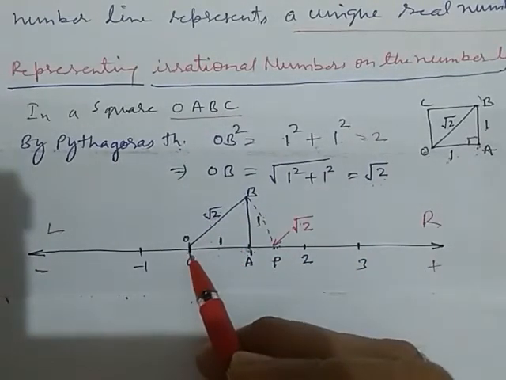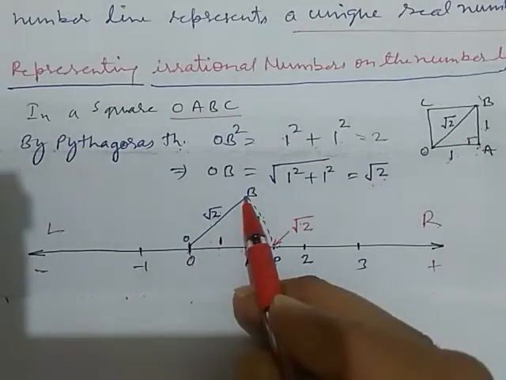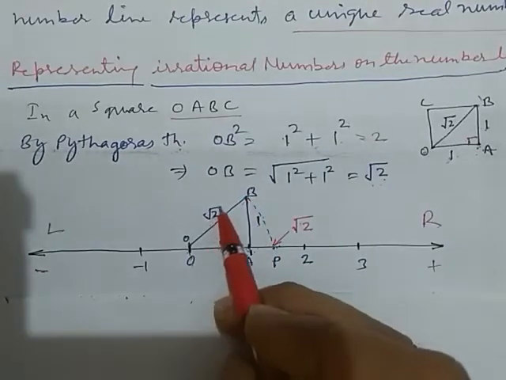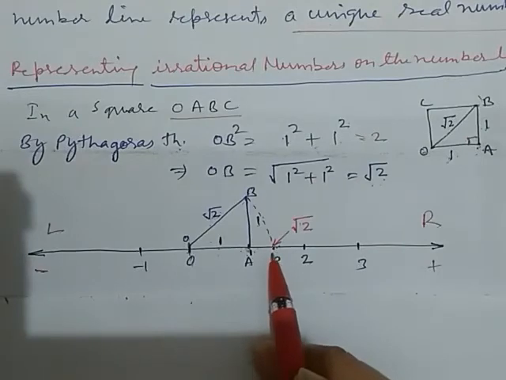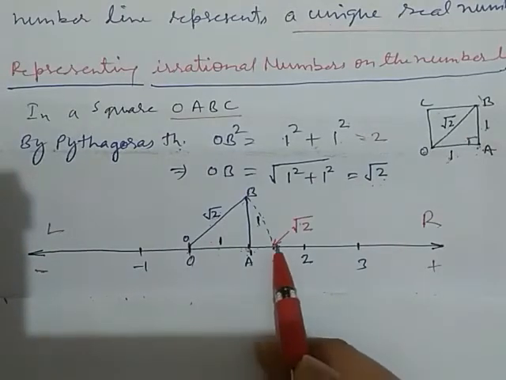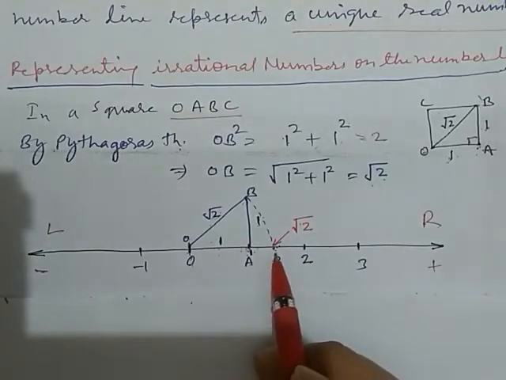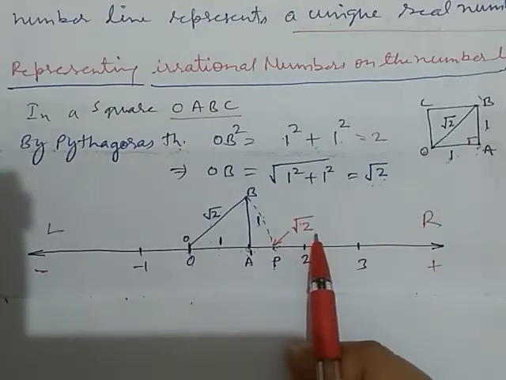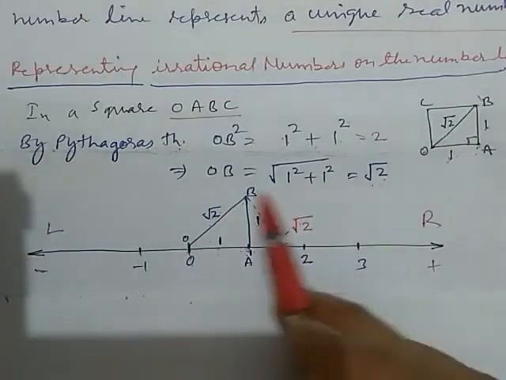Now we take O as center and draw an arc of radius OB, which is root 2. This arc meets the number line at point P. So this point P is our representation of root 2 on the number line, and root 2 is an irrational number. So we can represent an irrational number this way.